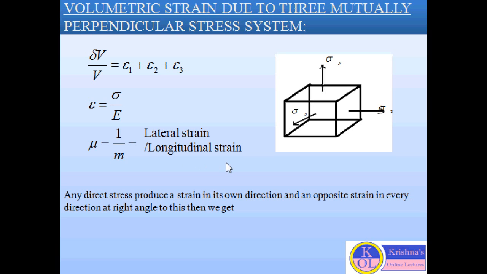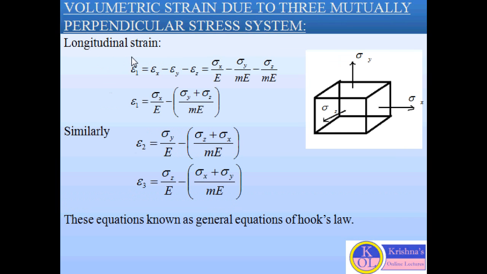Now if we consider any direct stress, it produces a strain in its own direction and an opposite strain in every direction at right angle to this, and then we get some equations for longitudinal strains.